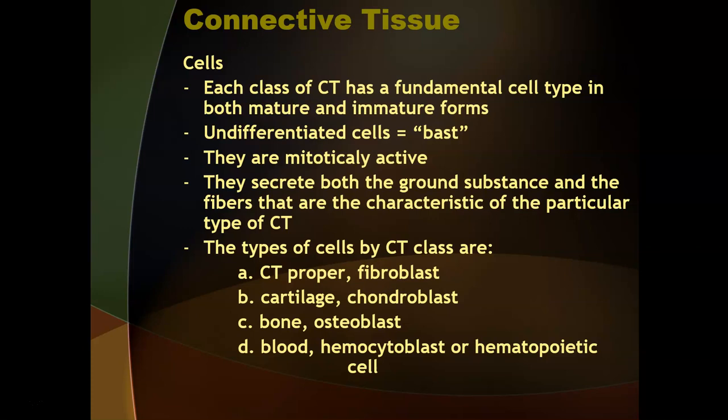So chondroblasts create cartilage. In bone, we have special cells called osteoblasts. They are the undifferentiated cell that will eventually become a bone cell. In blood, we have a couple of different names it can go by. We have a hemocytoblast or a hematopoietic cell. Either of those terms are correct for these cells that create the blood parts and components.